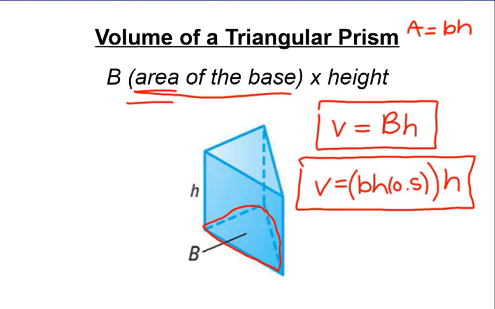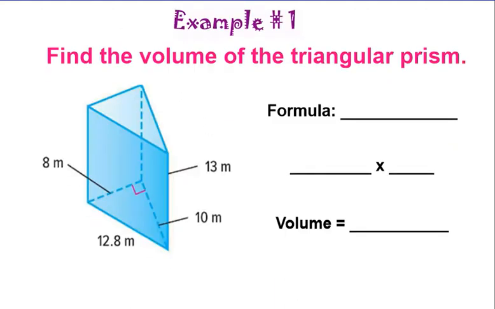Now for your example on your formula sheet, I want you to draw example number 1 that we're going to get ready to do here. Okay, so example number 1, find the volume. We always start off by writing the formula. So volume equals capital B times the height. Okay, so we have two lines here.